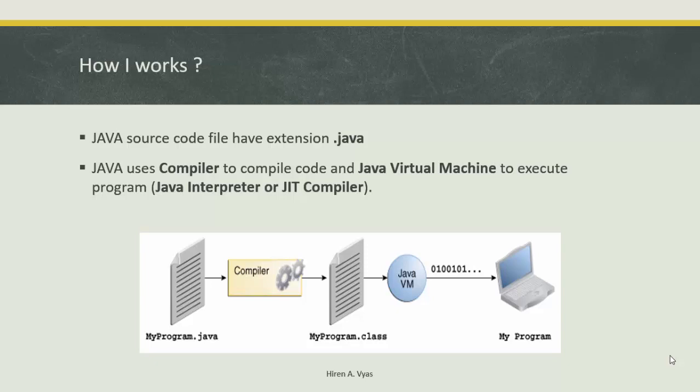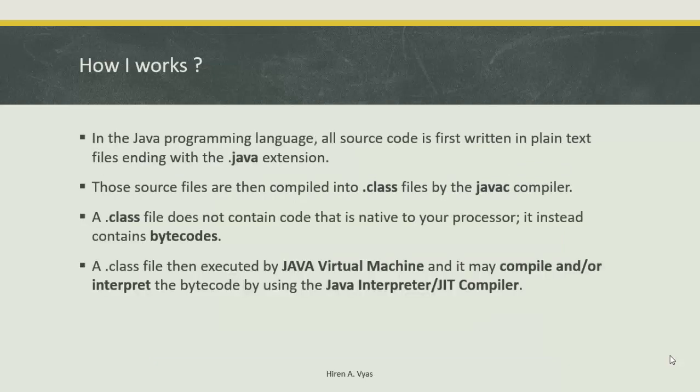It means Java uses a compiler as well as the Java Virtual Machine to execute the program. First, the source code which has the extension .java will be compiled by the compiler, and the compiler name is javac.